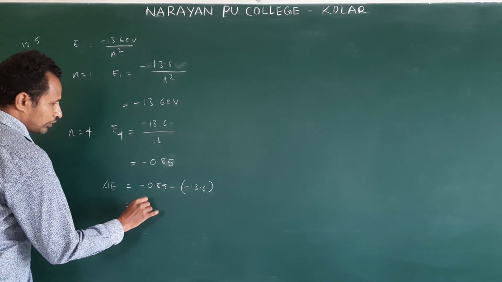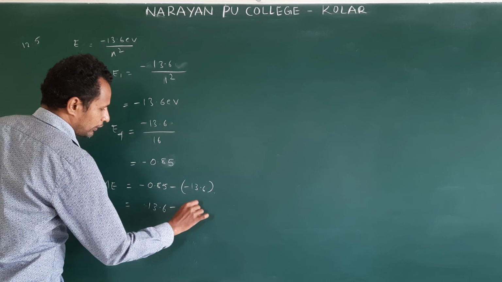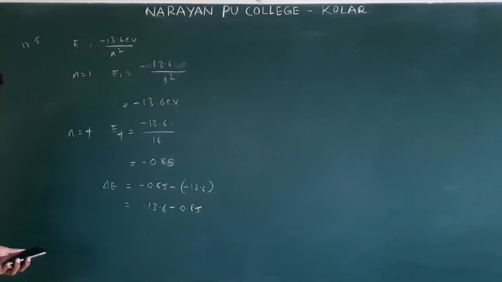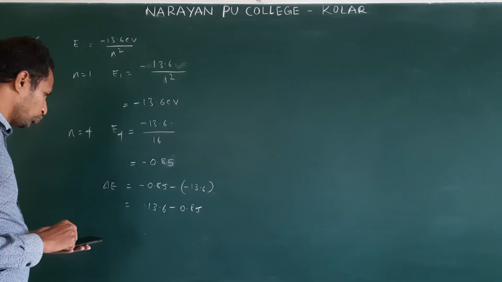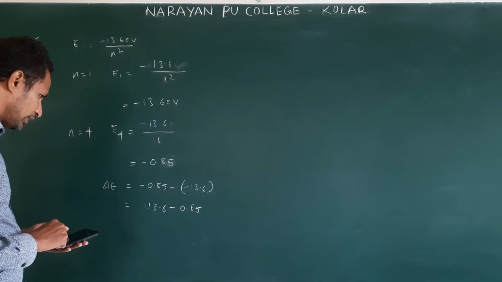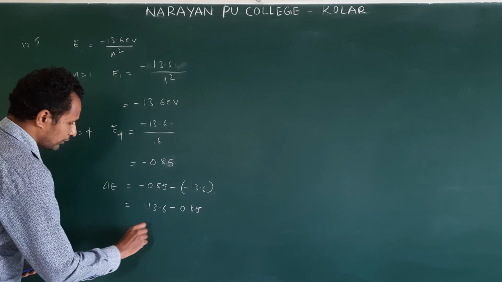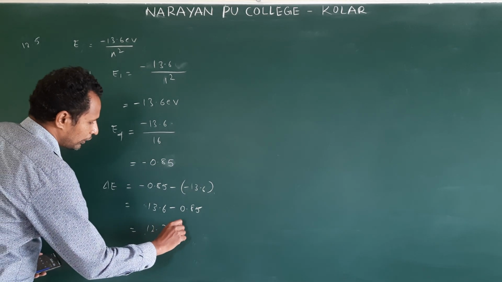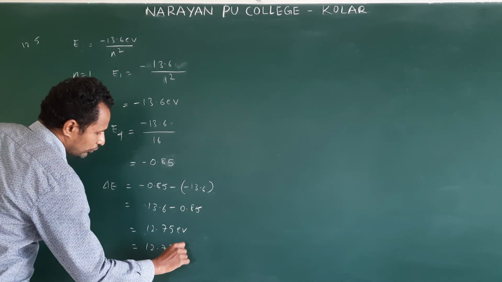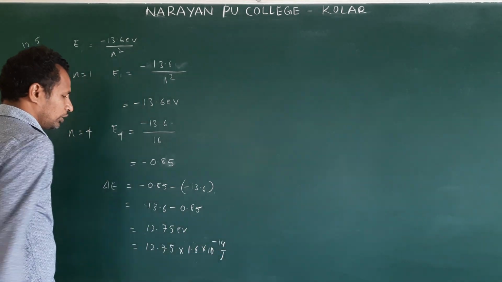So this is minus into minus plus, 13.6 minus 0.85. We will get the answer in eV, which we need to convert into joules. So 13.6 minus 0.85 is 12.75 eV. This is converted into joules by multiplying 1.6 into 10 power minus 19 joules.